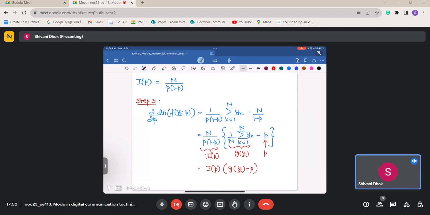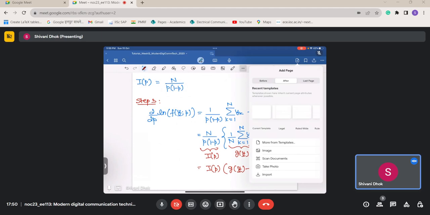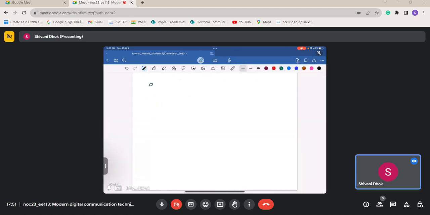And therefore from this equation what do we have? We have g of y as 1 by n summation k running from 1 to capital N yk, which is nothing but your estimate, that is p hat, and this estimate will be minimum variance unbiased, that is the MVU estimate.